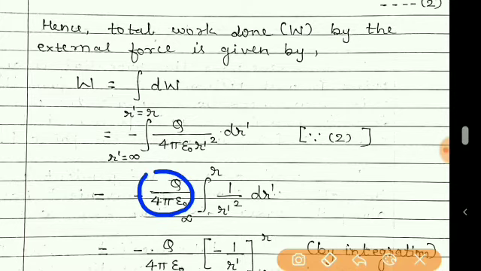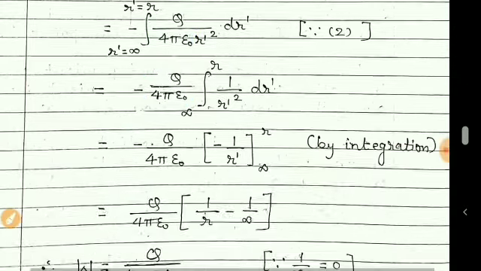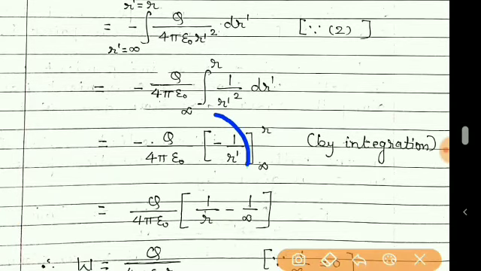So here also q and 4 pi epsilon naught are all constants. So taking these constants outside, only 1 upon r dash square remains inside, and the integration of 1 upon r dash square is minus 1 upon r dash, and the limits here we have kept are infinity and r.